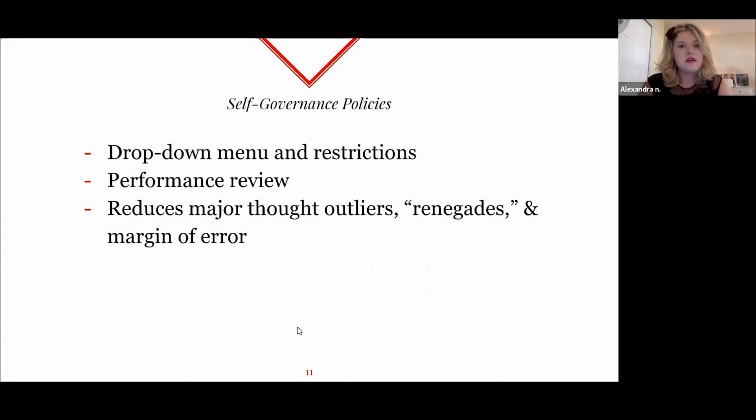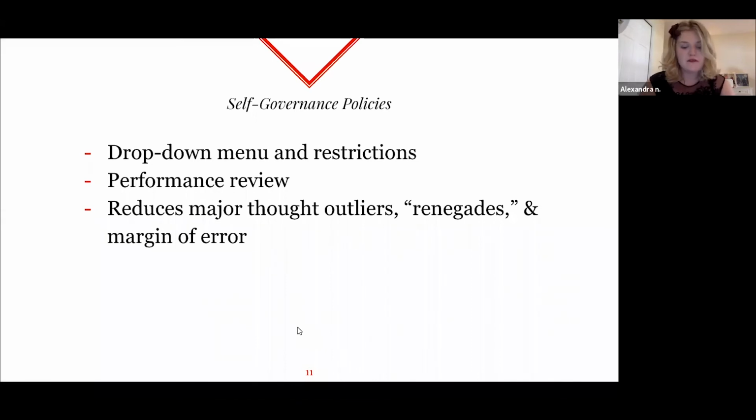And from there, they created what I call self-governance policies. In the system itself, there was a drop-down menu of what terms you could use, and there were restrictions on what terms people could say were part of the asset.